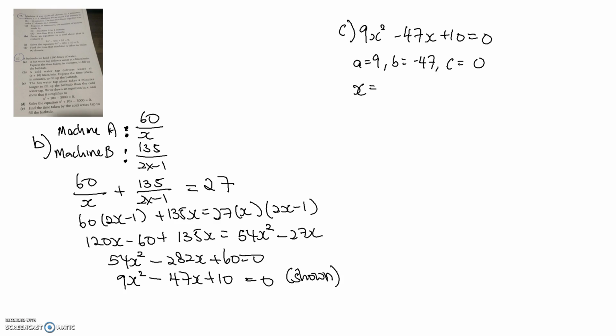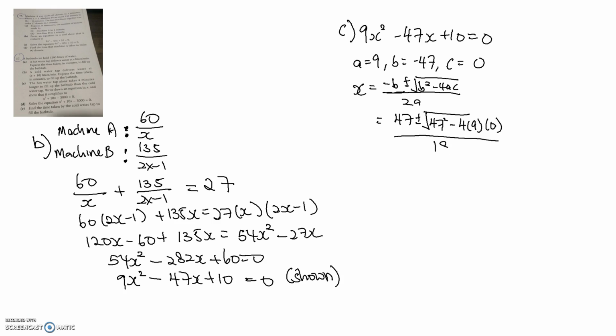So x equals minus b plus minus the square root of b squared minus 4ac over 2a. So b is minus 47, so it is 47 plus minus the square root of 47 squared minus 4 times a times c, over 18. Okay, and you get the answer is 5 or 2 over 9, and that's how you solve question C.